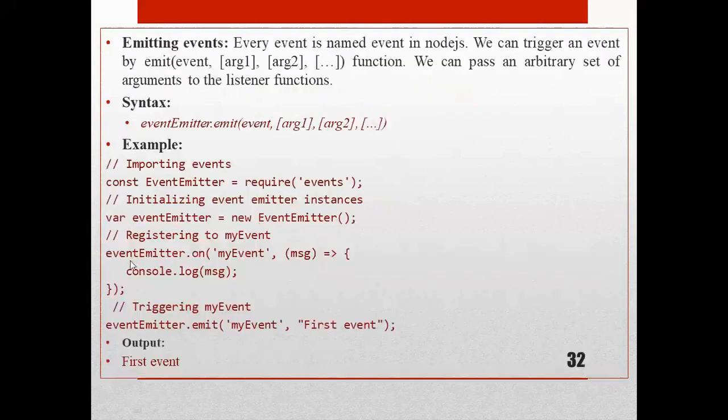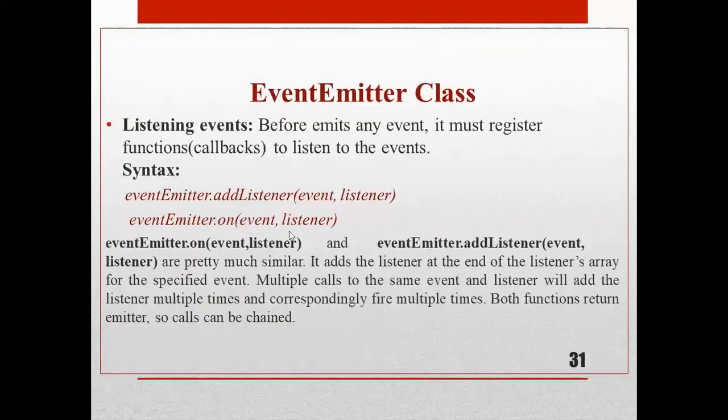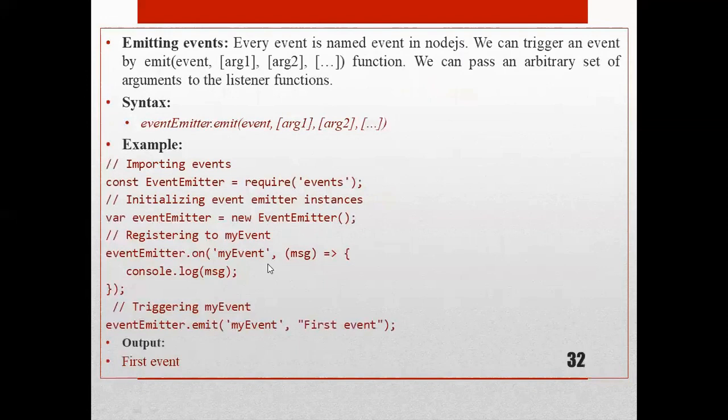So we are going to use eventEmitter.on, inside the bracket the event, myEvent, comma, then the listener. Here you can see the parameters: event, comma, listener. So myEvent is the event, and this is the listener, like message. Which message are we going to print here? console.log(message). So here message is the listener for this event.